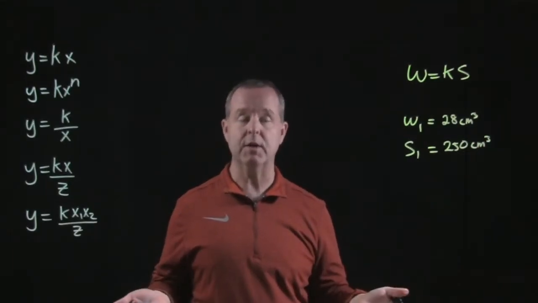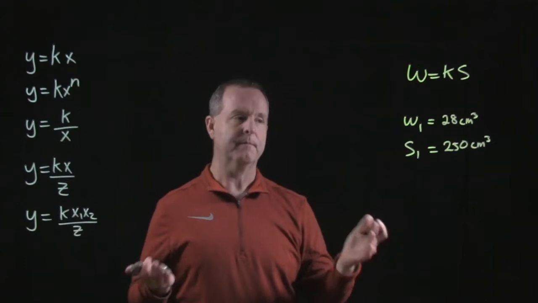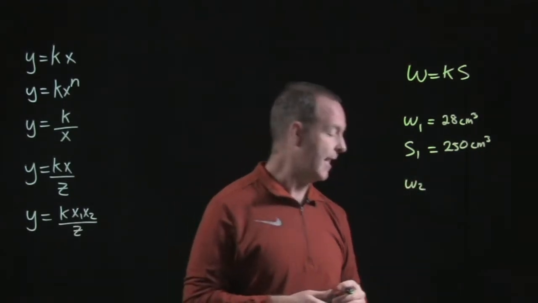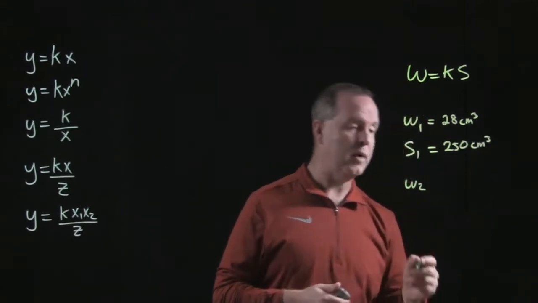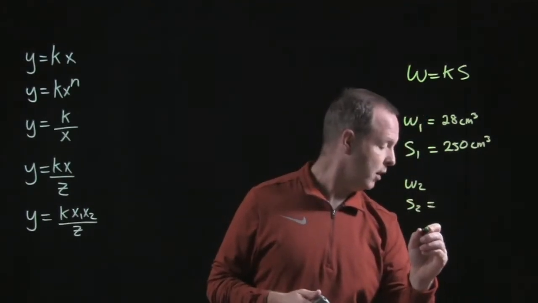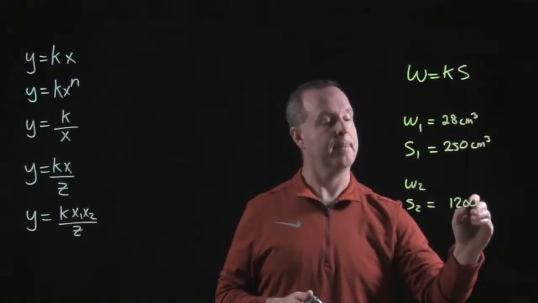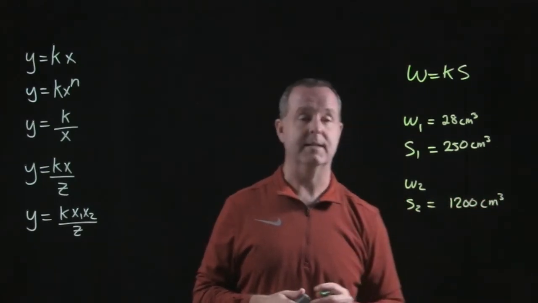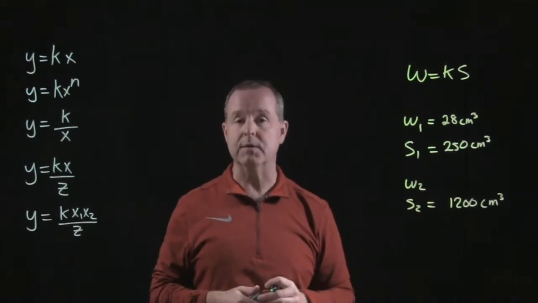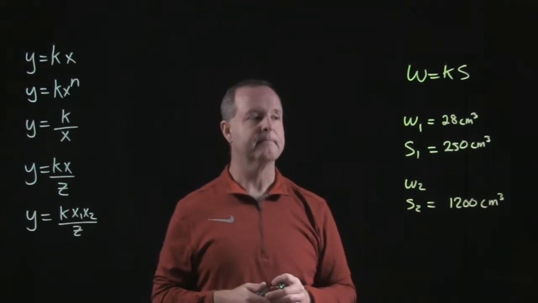That's what we measured. That's what our data determined. I'm curious then, in the second situation, what if I have a snow melt one year of 1,200 cubic centimeters? How much water can I expect will be produced from that snow melt?